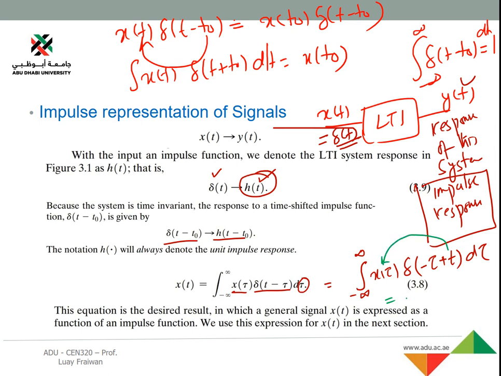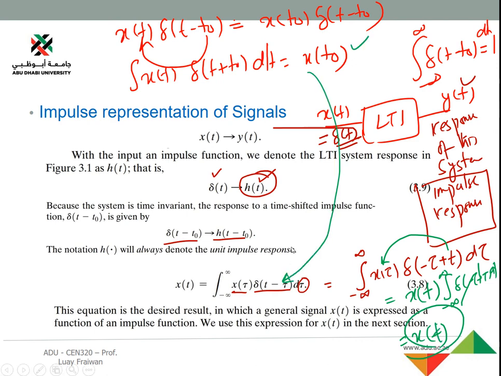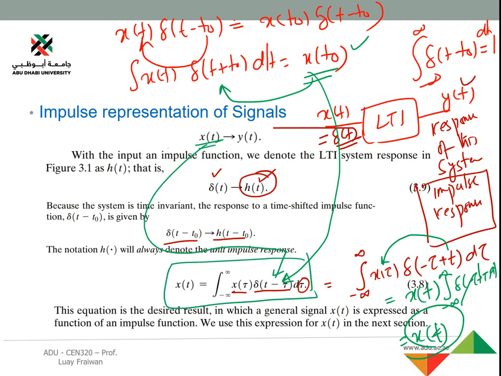The impulse location is t, so I will get x of t. Then the integral of the impulse over the complete interval is 1, so I will get my original input. This is just the representation of this property in another variable form. This is called the impulse representation of signals. We can represent our signal in the form of impulses.